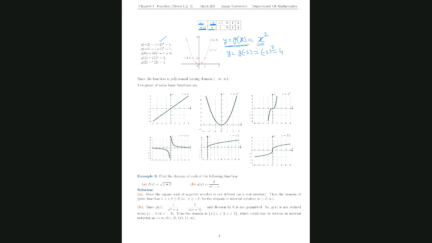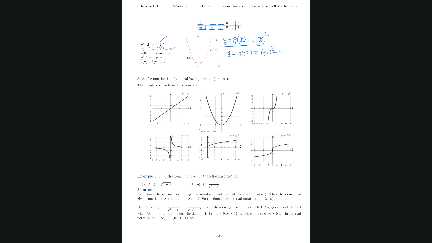Now look here, input take this x equals -1, then output is 1 from here, right?